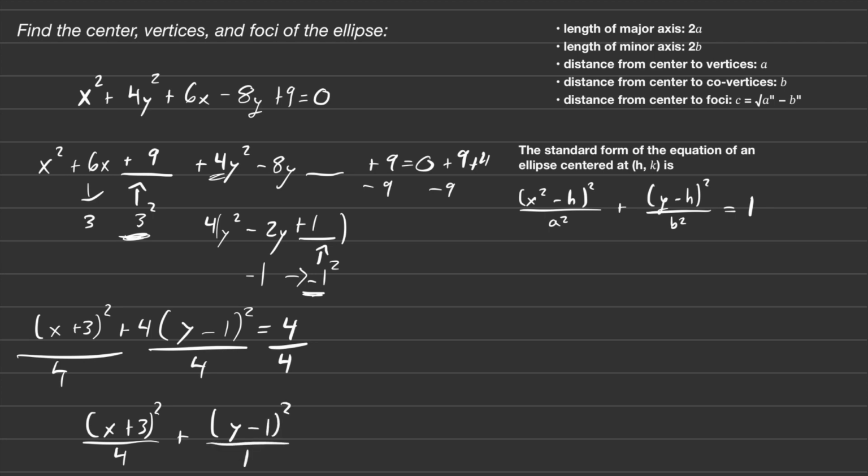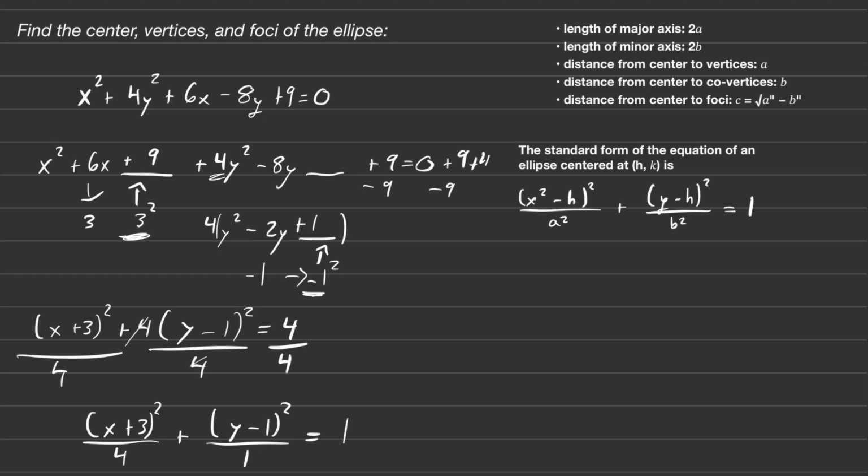Let's leave it as over 1 just so it's easier to see, because these 4's cancel, equals 1. Now we're in standard form and we can determine the center, vertices, and the foci of the ellipse.